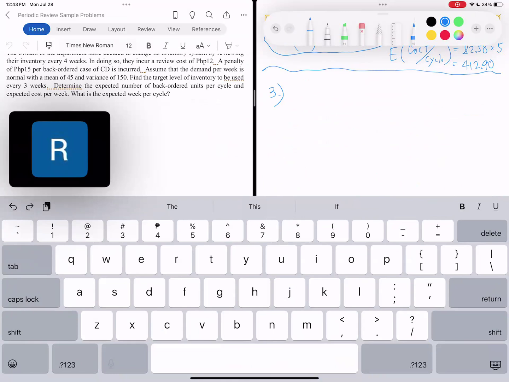For number 3, I just wrote down the final answers that I have so that you can check if your answers are correct. And if your answers are incorrect, chances are you made a mistake somewhere, so you have to recompute or you can ask me your questions.